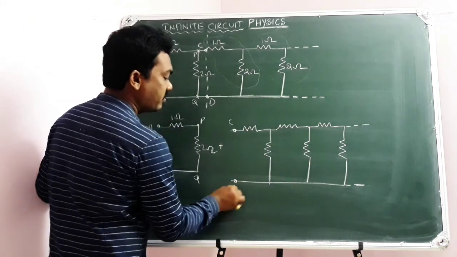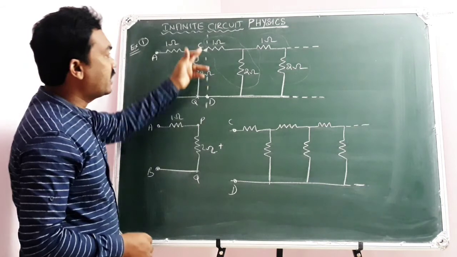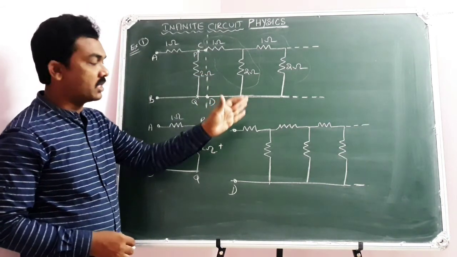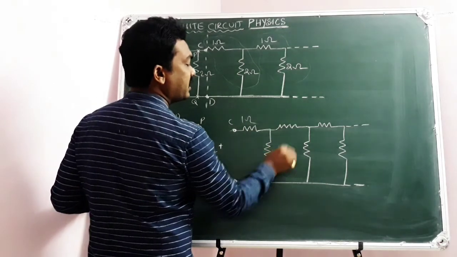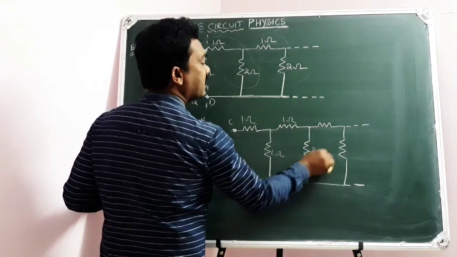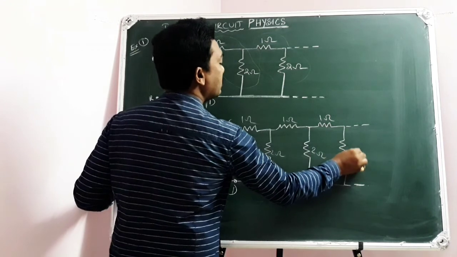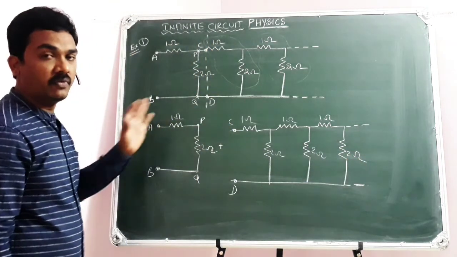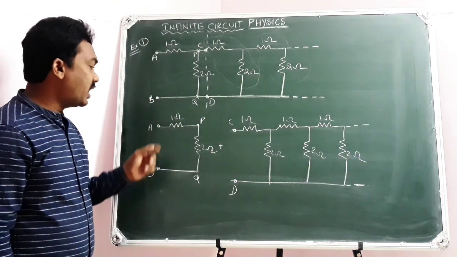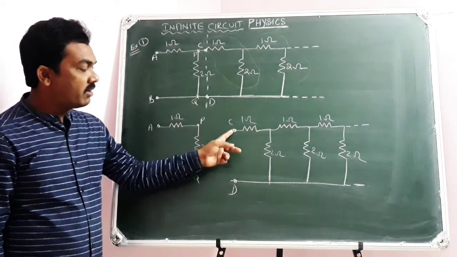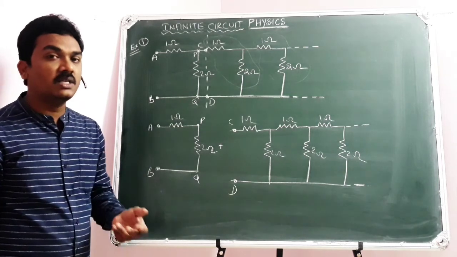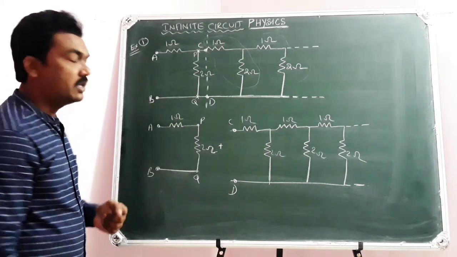Am I right or not? Here at CD I have broken the circuit, but the other part of the circuit which is separated appears the same as the original circuit, since there is a combination of infinite resistors. So the equivalent resistance across AB that I have to calculate is nothing but the equivalent resistance across CD. Am I right or not? Yes.